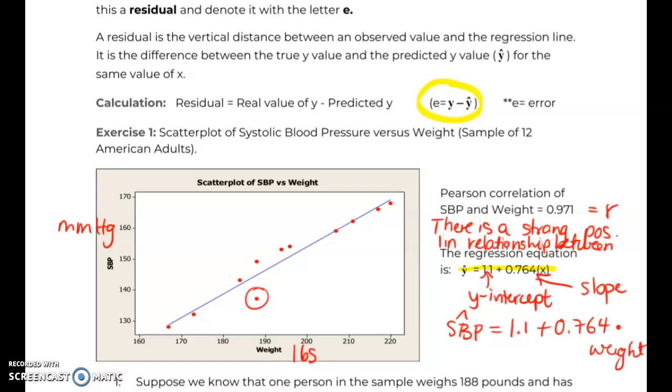We now can use this line to make predictions. For example, if someone weighed 200 pounds, what would be the predicted value for the systolic blood pressure? We would simply go from 200 pounds up to our line and then over to our y-axis to find the predicted value. Mathematically, we would simply plug our weight in for x and then calculate our y hat.